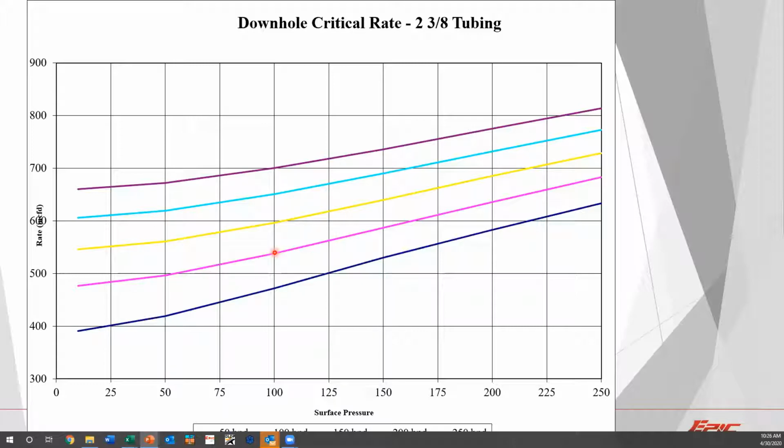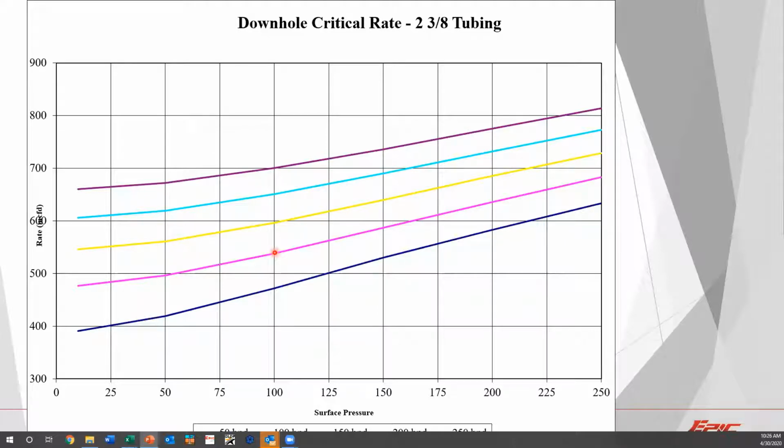So I will take 70% of that value, and that becomes my target. In this case, my target or minimum gas rate requirement is approximately 375 MCF. In other words, my total gas rate, formation plus injection, needs to be as close to 375 as possible.